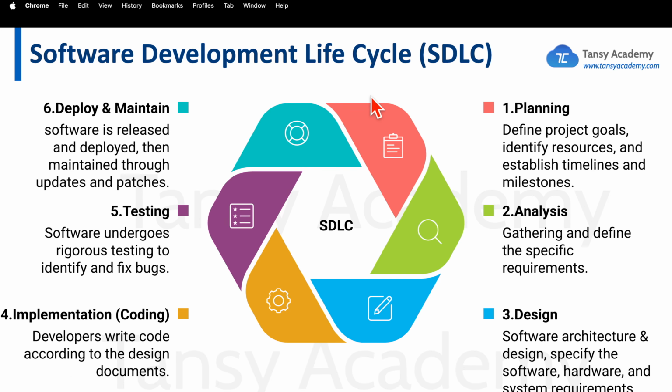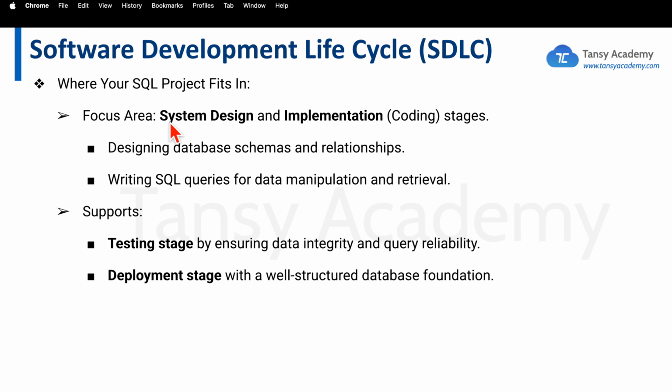If you talk about the software development lifecycle, you should know where the work and assignments you are doing fit in the real world. As we discussed in chapter 2, there are about 6 to 7 phases in the SDLC, the software development lifecycle. What you do fits at system design and implementation.